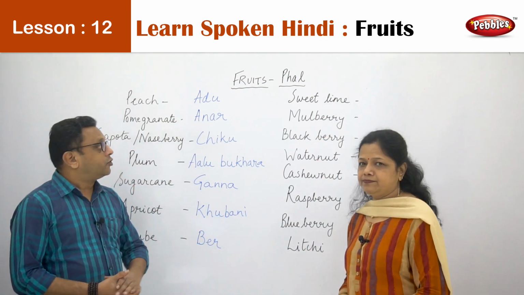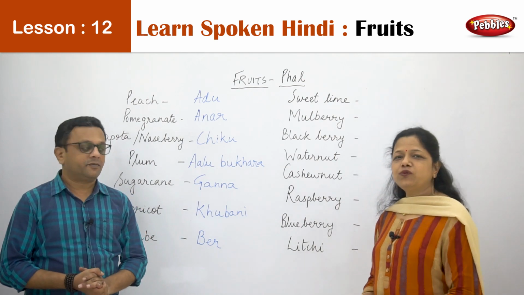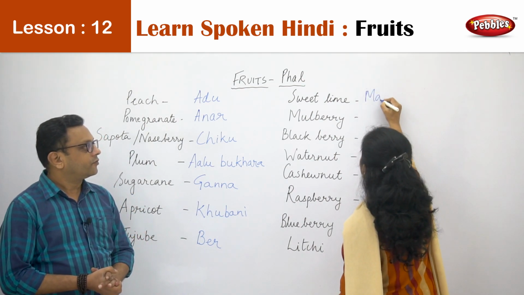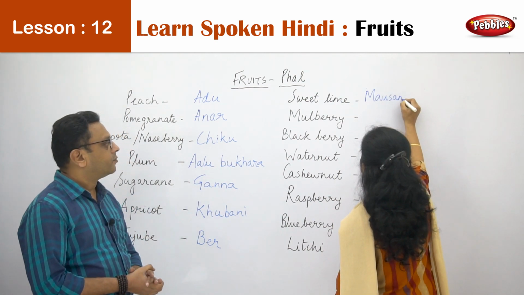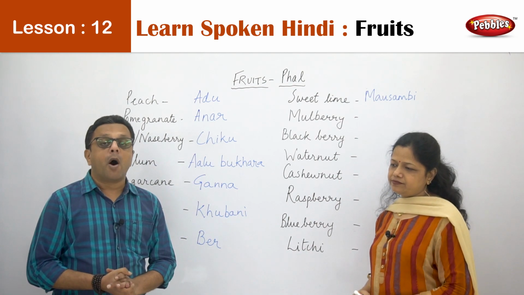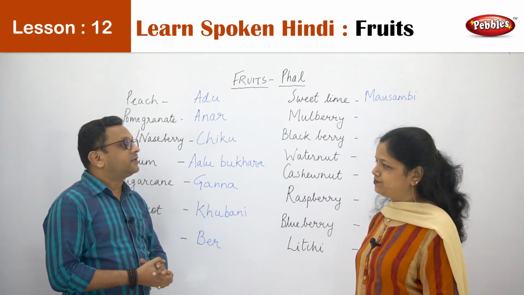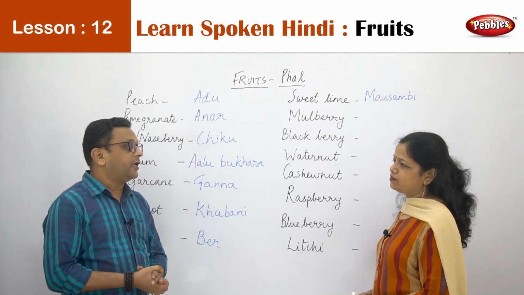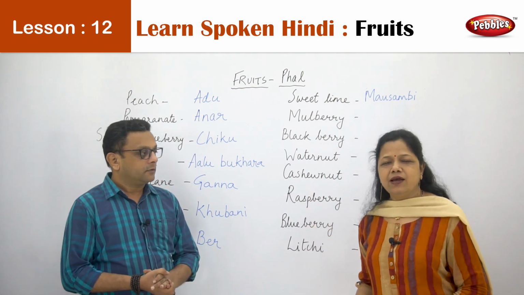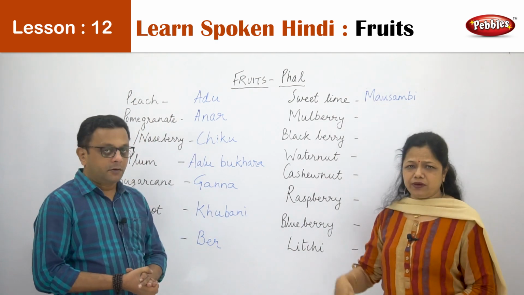The next we are going to check is the sweet lime. Now sweet lime in Hindi is called Mausambi. In the southern and central parts of India, it is pronounced a little differently, but actually the word is Mausambi.